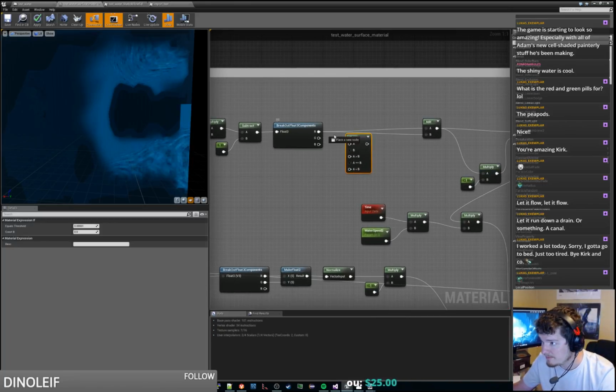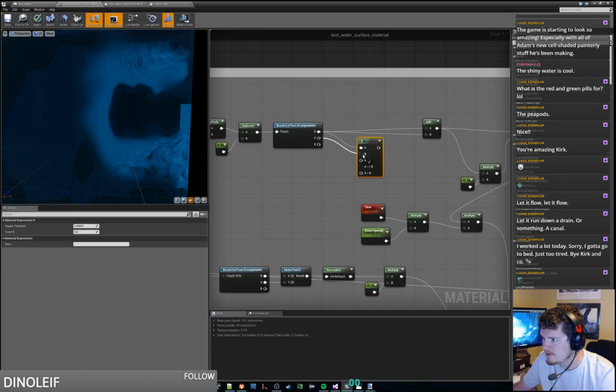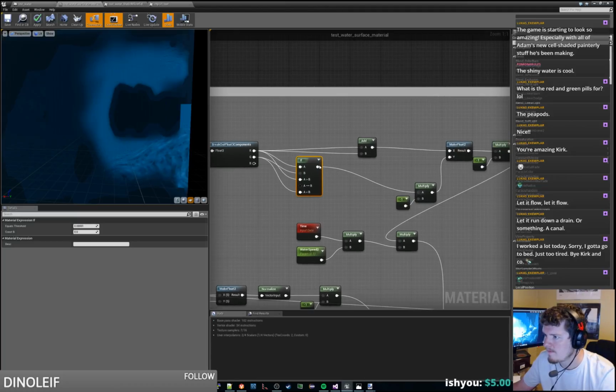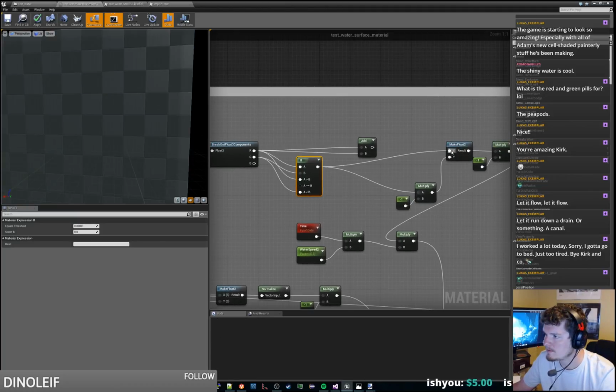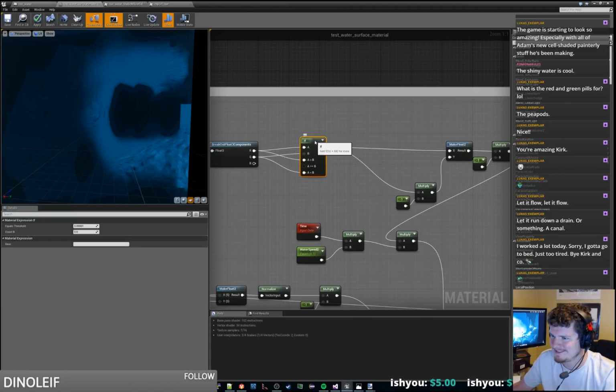Let's see if... so we have A and B, and then we have if A is greater than B, then A. If A is less than B, then we have that.